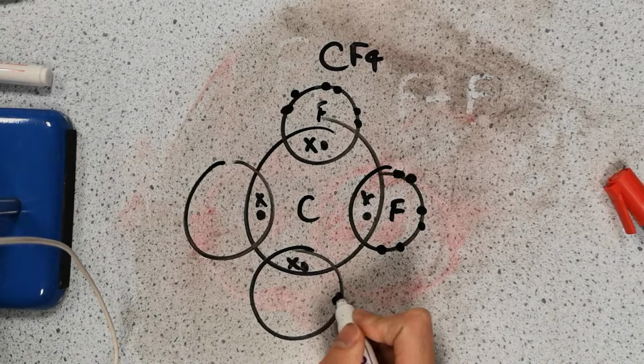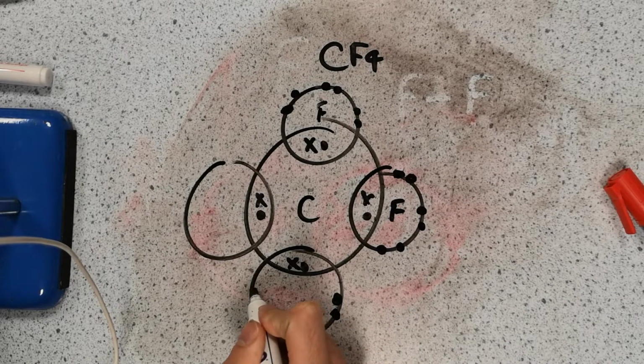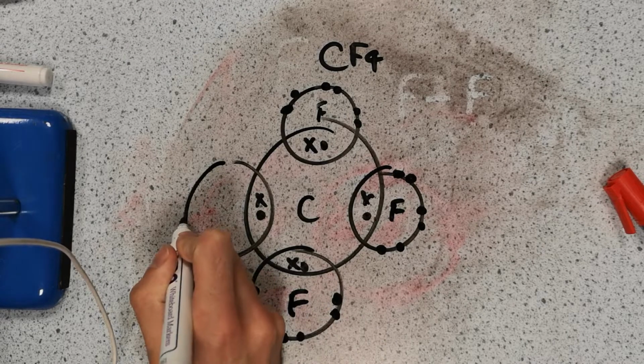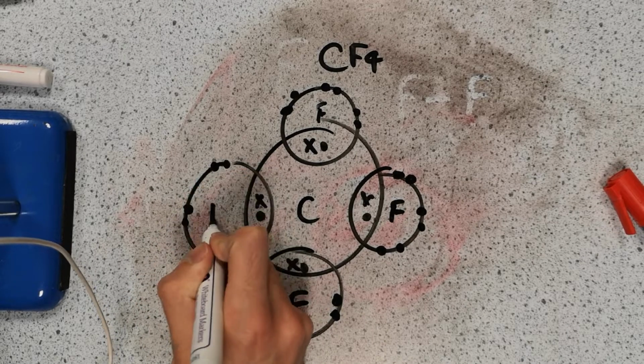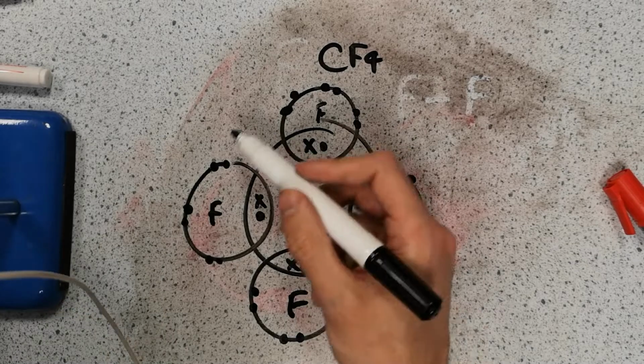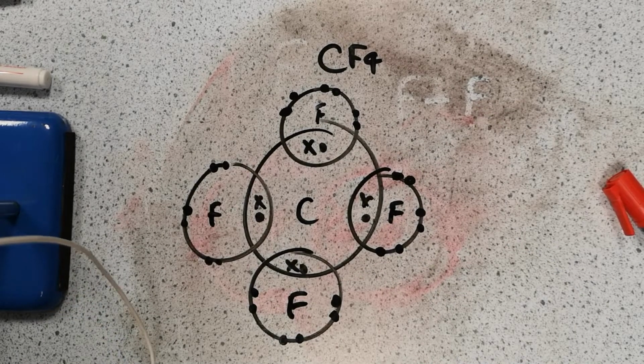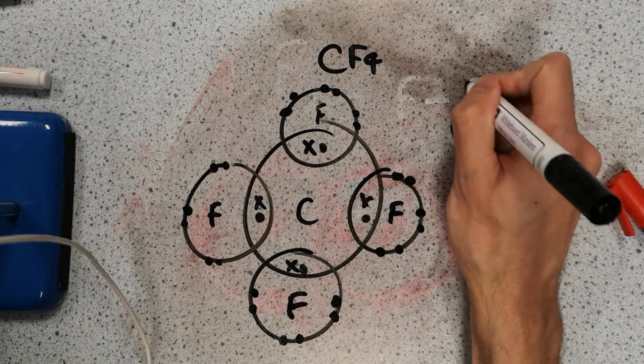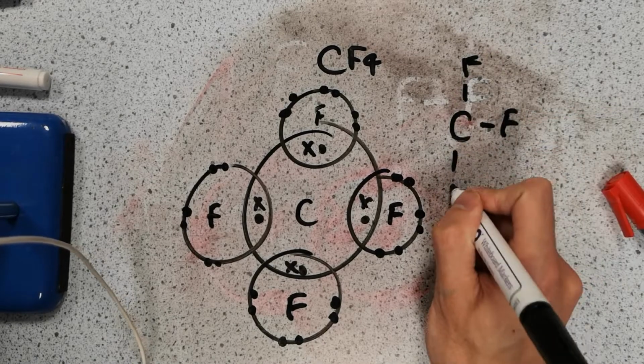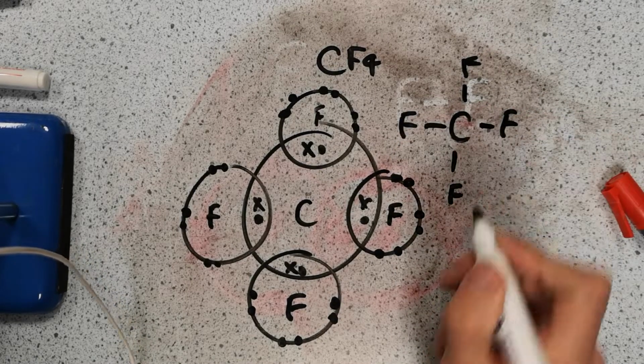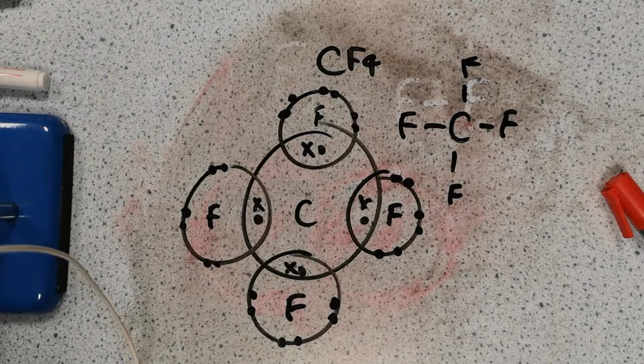We saw that before, so 4 fluorines covalently bond with carbon, and every single species now will be up to 8 electrons. This is often drawn like that, each of these lines representing the covalent bonds.